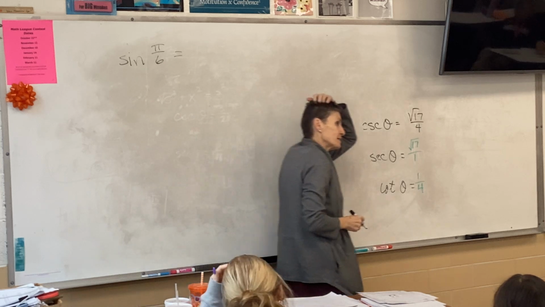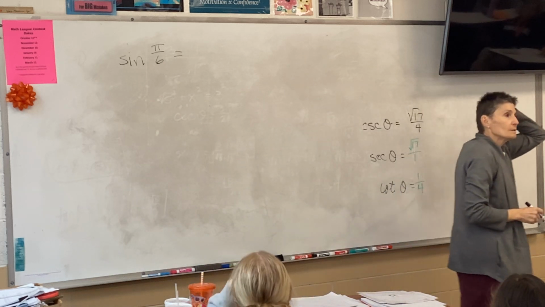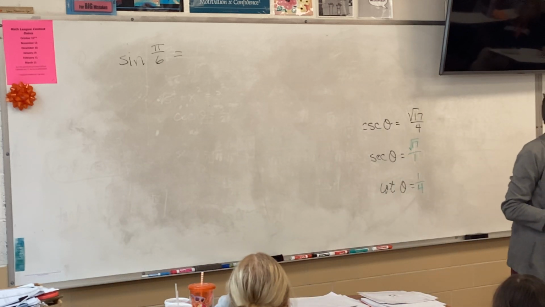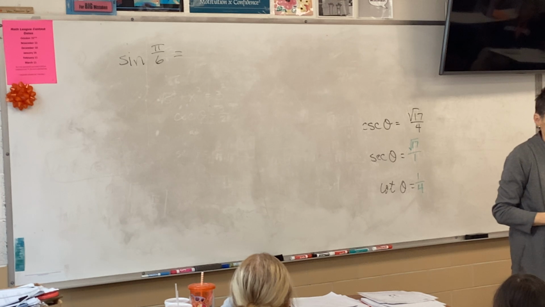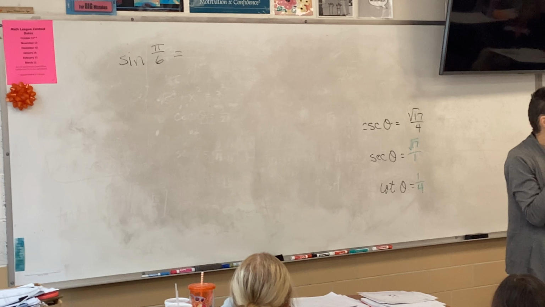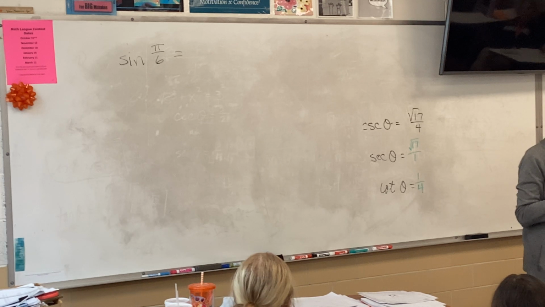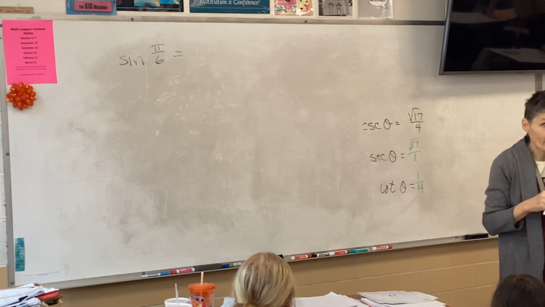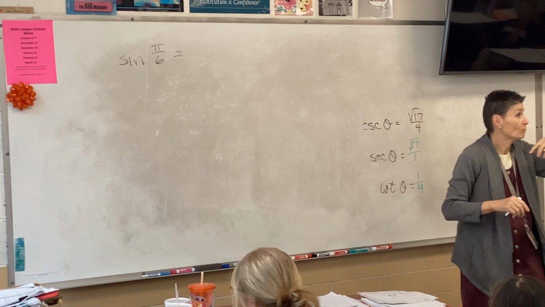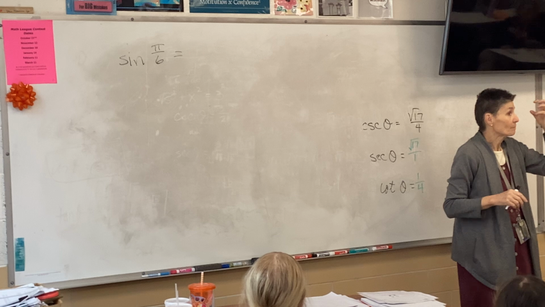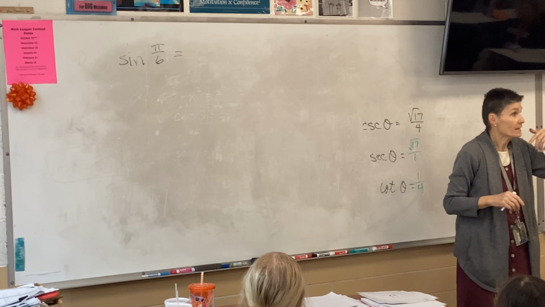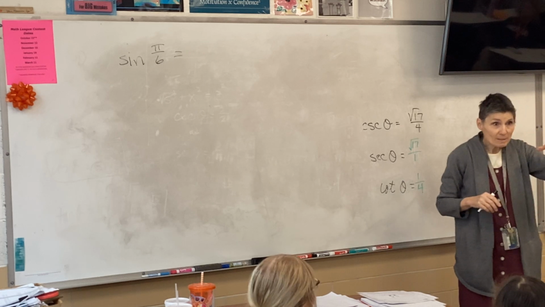I want you to think back to yesterday. Pi over 6 is a radian measure. Can anybody tell me how many degrees that is? Okay. Well, pi is 180. So what would pi over 6 be? 30. Remember that from yesterday?